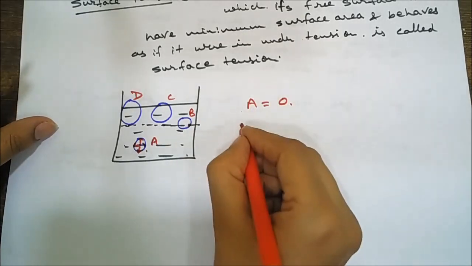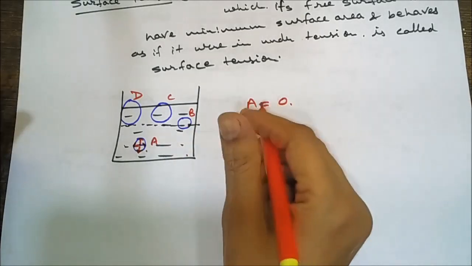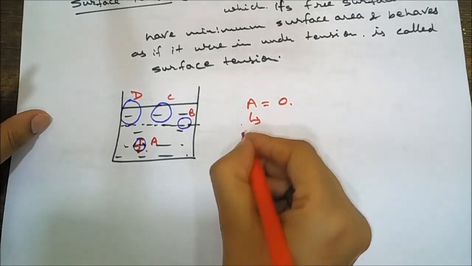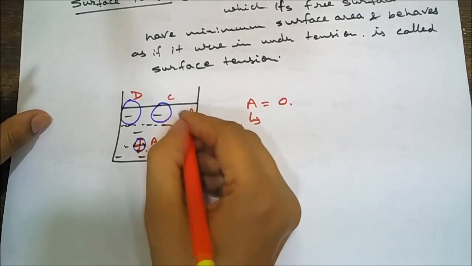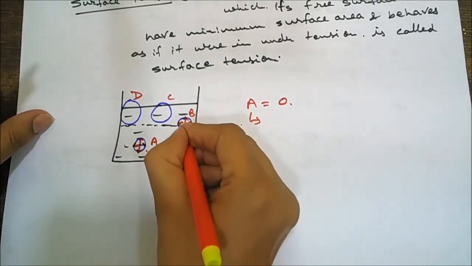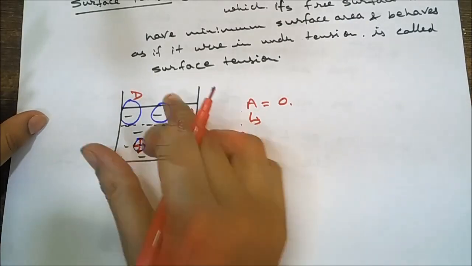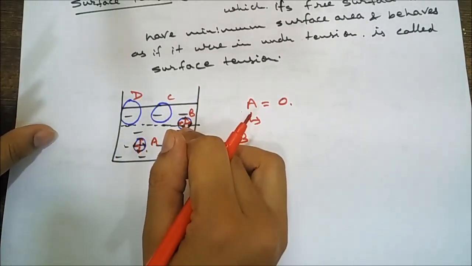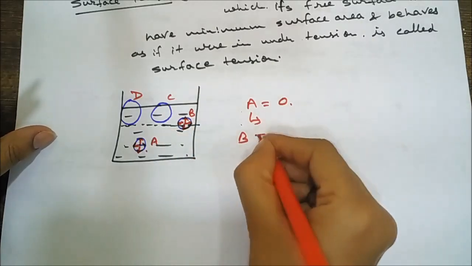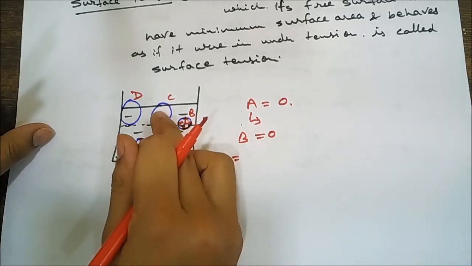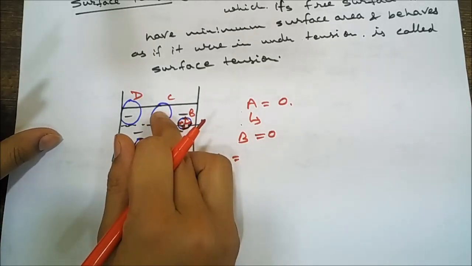Molecule A will move freely inside the liquid. For molecule B, the force of attraction is also equal, and it is just below the free surface, so the resultant force acting on it is also 0. Molecule C is below the upper surface of the liquid.